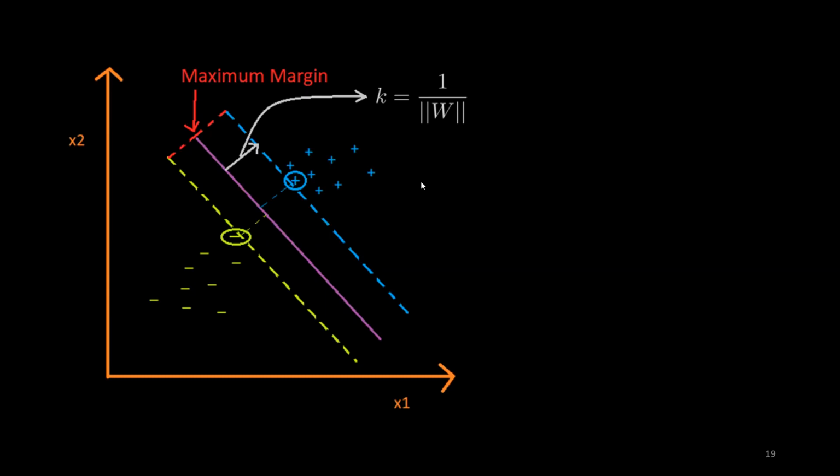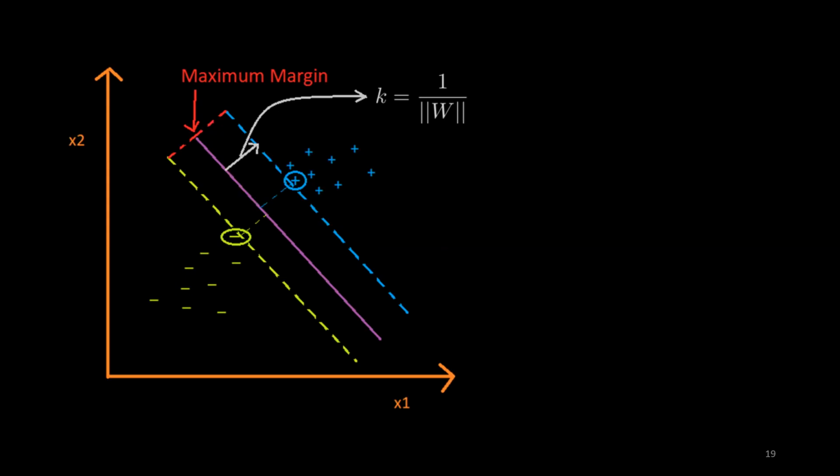So we can see that by increasing the value of k, we can make the support vector machine a hard classifier, and by decreasing the value of k, we can make the support vector machine a soft classifier. When it becomes a soft classifier, it means the distance between this support vector and this decision boundary decreases. So this is the adjustment of the value of k in order to make the support vector machine a soft classifier or a hard classifier.